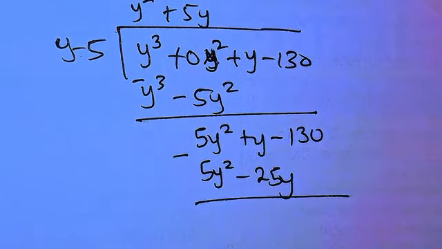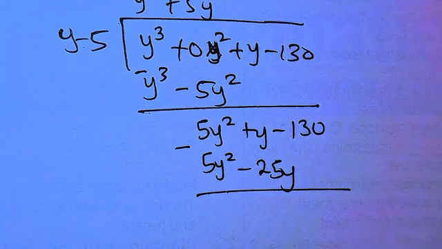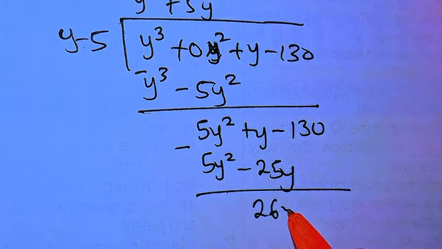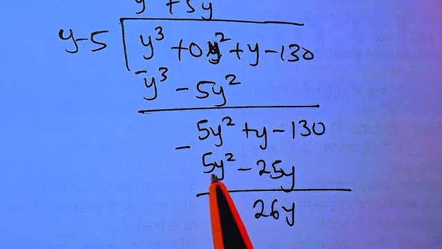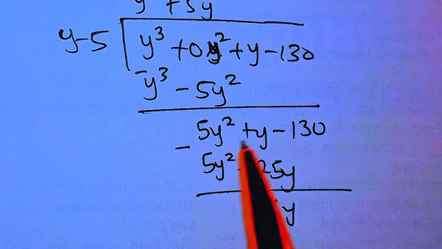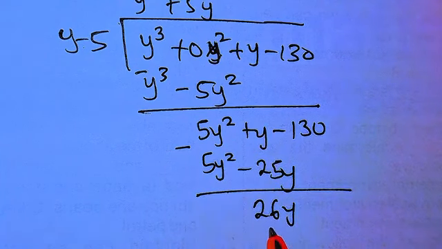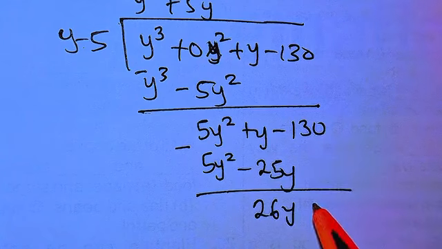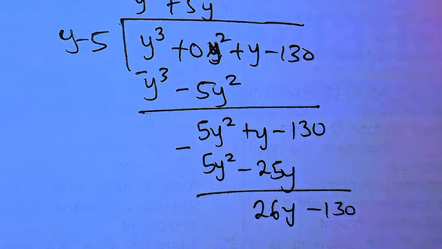Then let's take away this from here, so we're going to have 26y, that is 5y squared minus 5y, this will give us 0, so y minus minus, that will give us plus, so we have 26y, right? Then we bring this one down, we have 130.